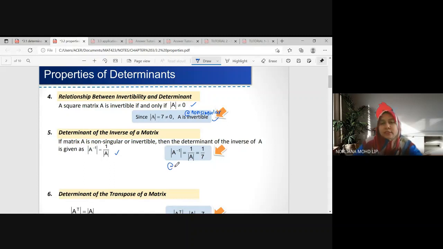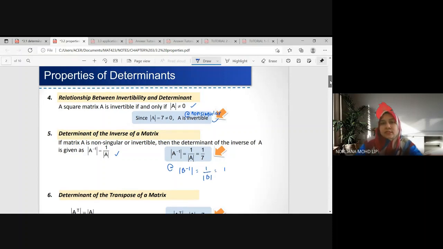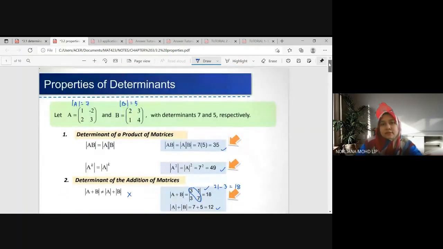Contoh lain kalau dapat, determinant of B inverse is equal to 1 over determinant of B. B is 5 kan? 5.